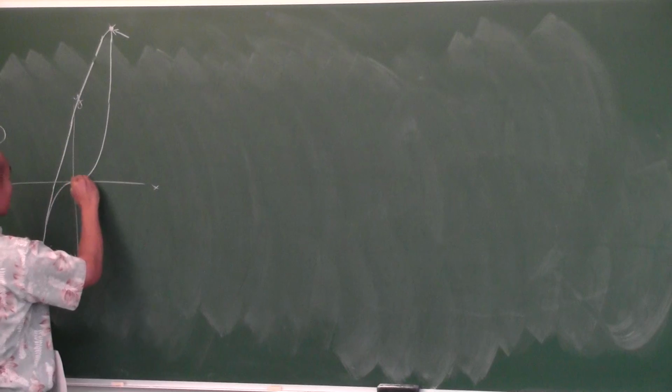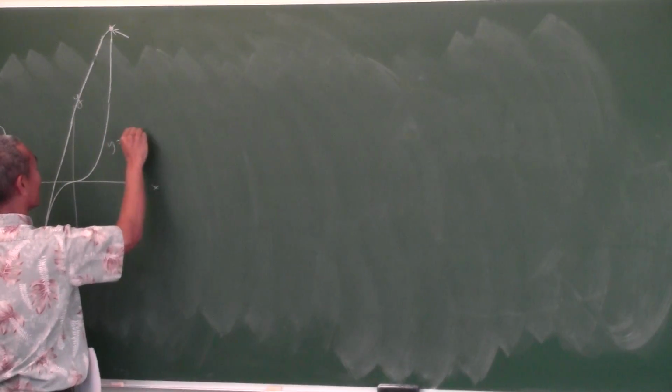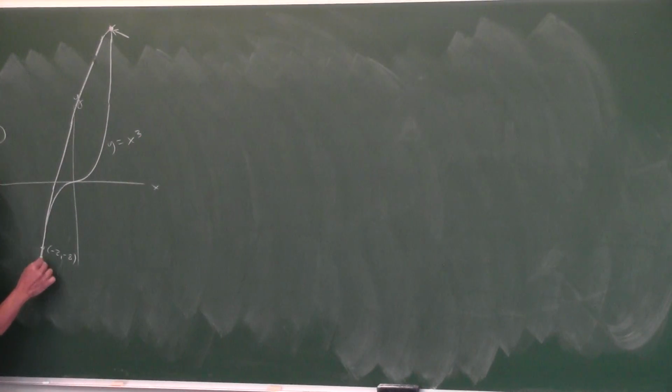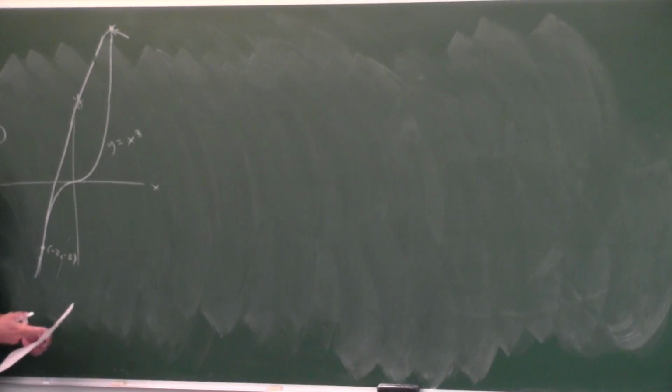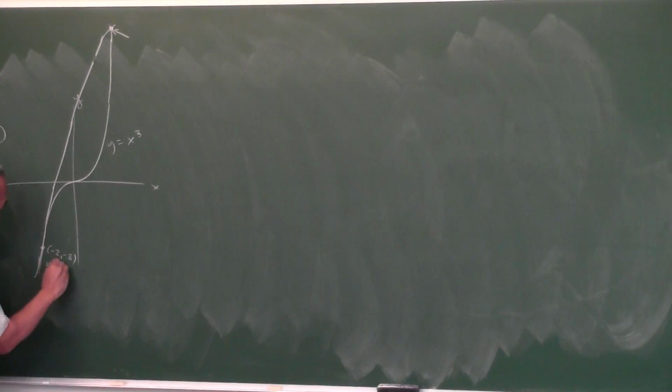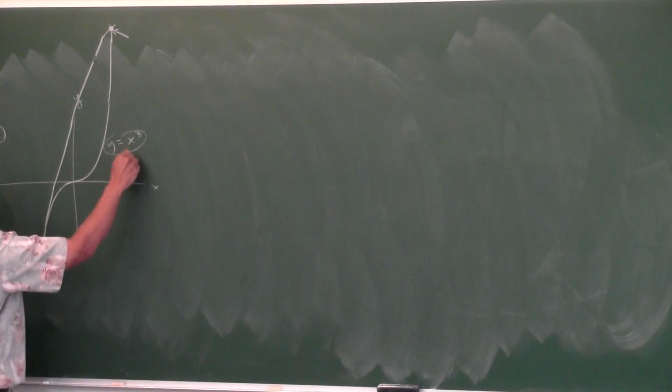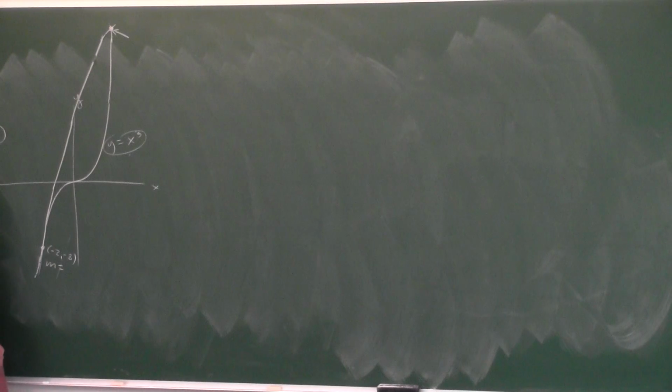Now, what is the equation of the curve? y equals x cubed. Now, here is the tangent line. Do we know how to write the equation of the tangent line? Yeah, you did it in all the other problems. So you've got the point. All you've got to do is figure out the slope. How do you figure out the slope? It rhymes with derivative. The derivative. Now, look. Did we already compute the derivative of y equals x cubed?